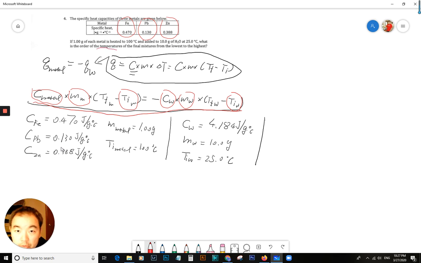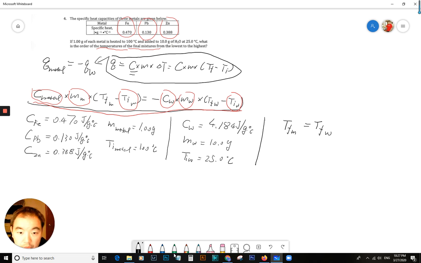This is what we're looking for: the final temperature of the mixture. Think about what happens when the metal is put into the water. The temperature of the water goes up, the temperature of the metal goes down, and eventually the final temperature of the metal is equal to the final temperature of the water. Those two are the same.